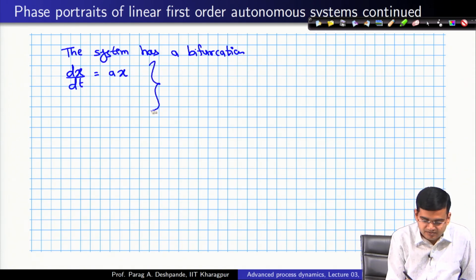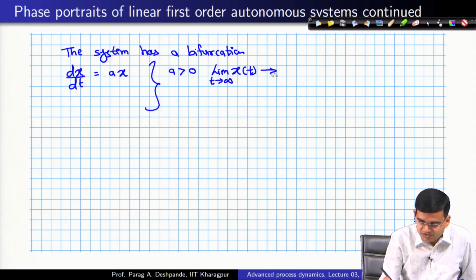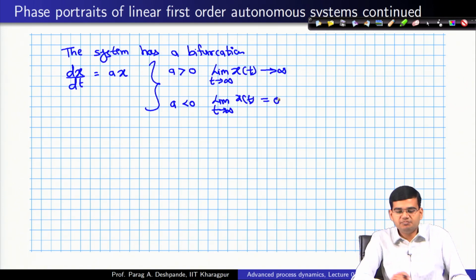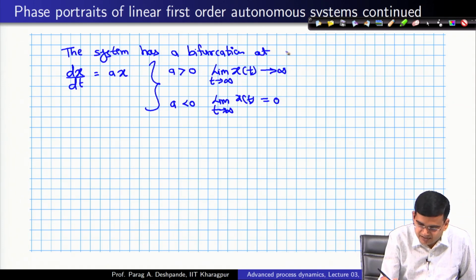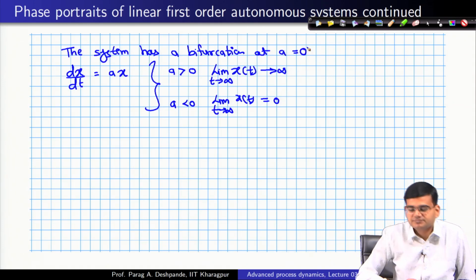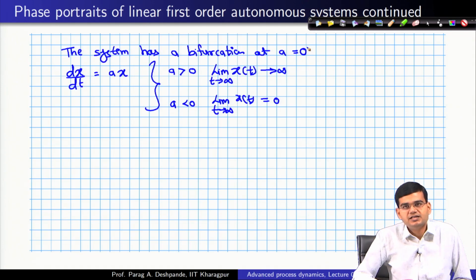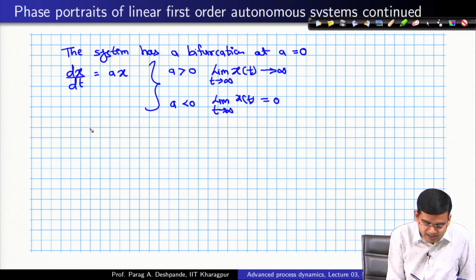For a greater than 0, limit t tends to infinity, x of t is infinity, and for a less than 0, limit t tends to infinity, x of t is in fact 0. So, therefore, the system has a bifurcation at a is equal to 0. Then we need to introduce a concept called equilibrium solution.